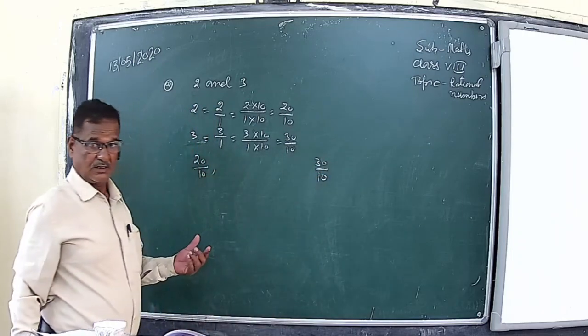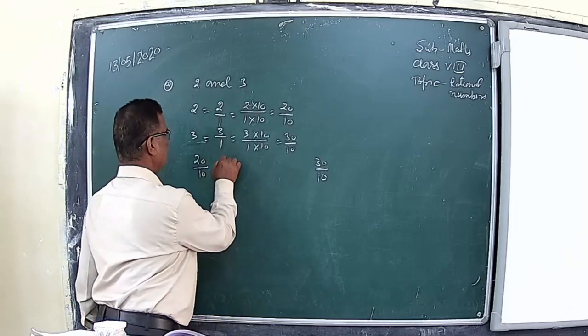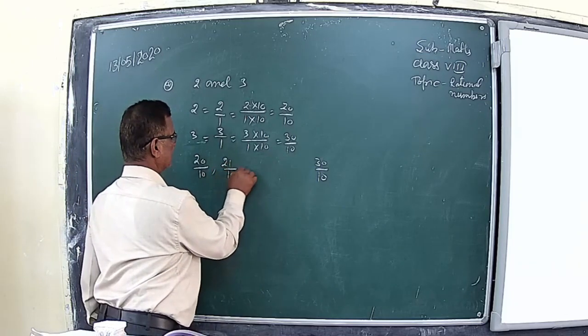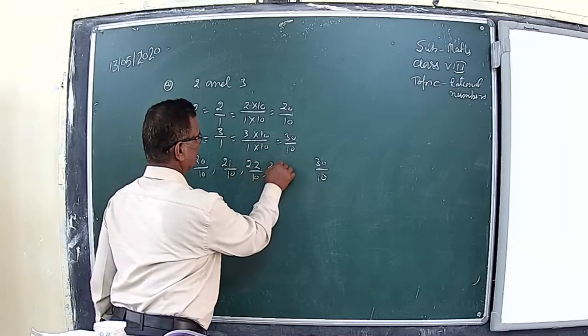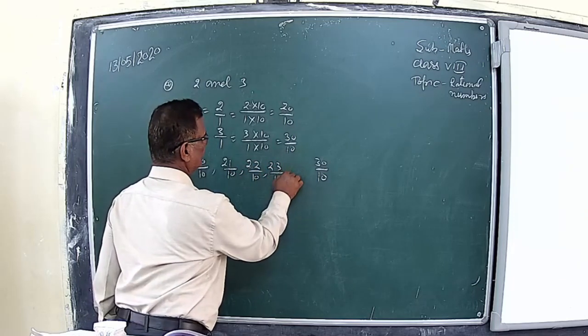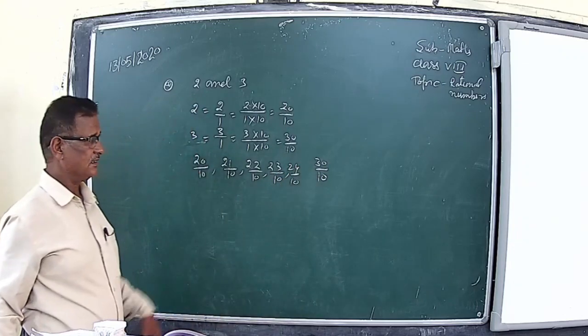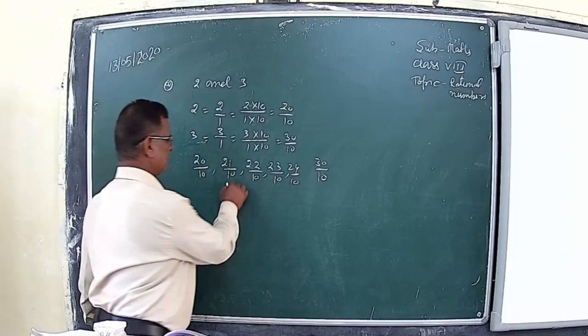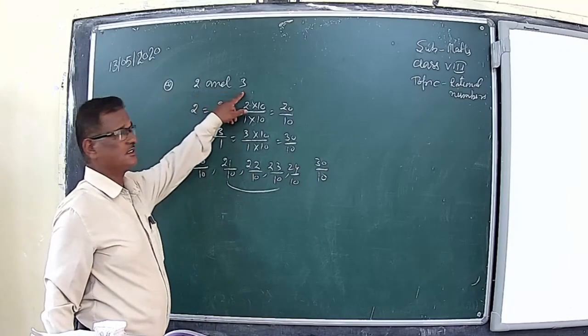The rational numbers between these two are 21 upon 10, 22 upon 10, 23 upon 10, 24 upon 10, 25 upon 10, and so on. These are the three rational numbers between 2 and 3.